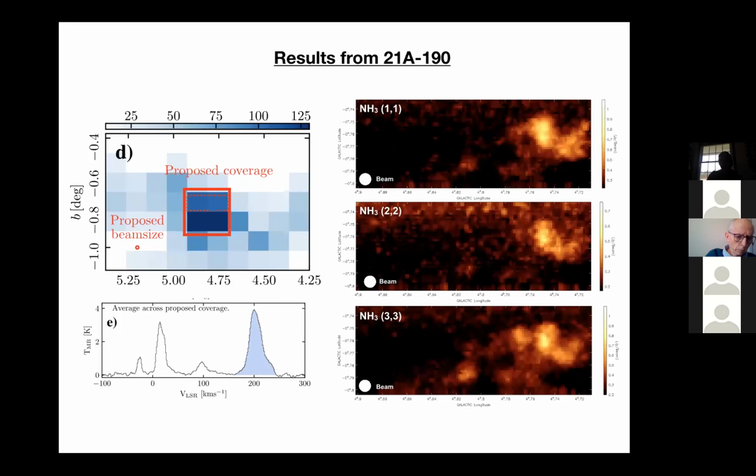So in the panel image here, I'm showing the 1,1, 2,2, and 3,3 transitions towards this region. One of the things that we can see is that there is a lot of ammonia towards this region of the galactic bar. We're seeing numerous clumps and extended emission throughout this region that is relatively bright for the short amount of time that we used in our pilot study.